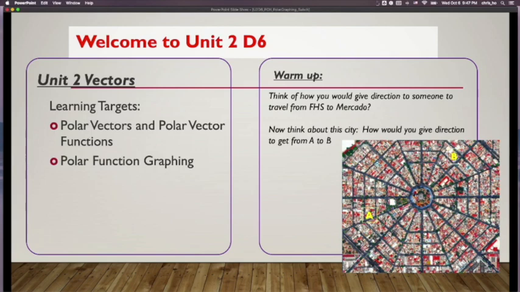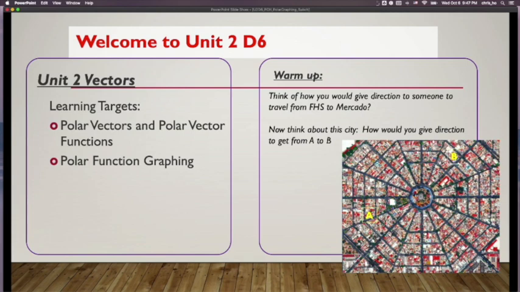Somehow you have to describe that particular road that would lead to point B, and then you say, on that road, you want to travel away from the center of the city, and then you'll be heading out maybe half a mile to a mile, and then you'll get to point B.